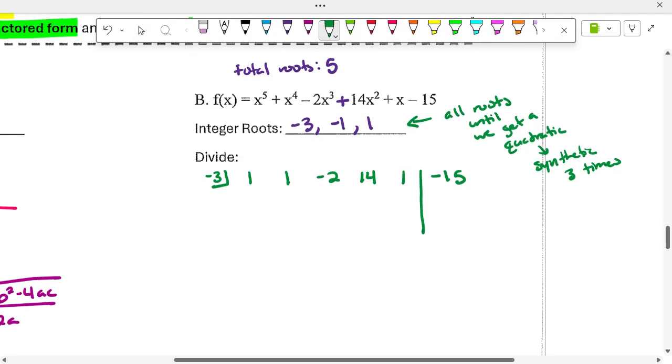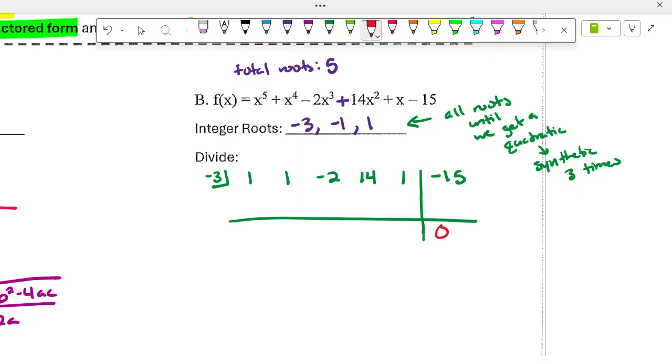Now, it is a root, so that means that my remainder should be 0. If it's not, then we have an issue. So I'm going to bring this down. I have 1. What's 1 times -3? -3. 1 minus 3? -2. -3 times -2? +6. Add them together, 4. -3 times 4? -12. 14 minus 12?